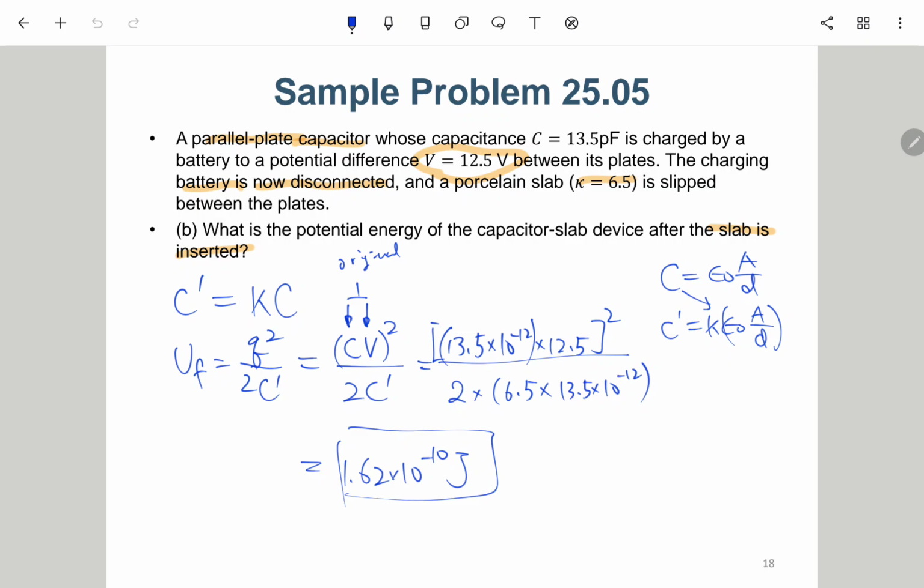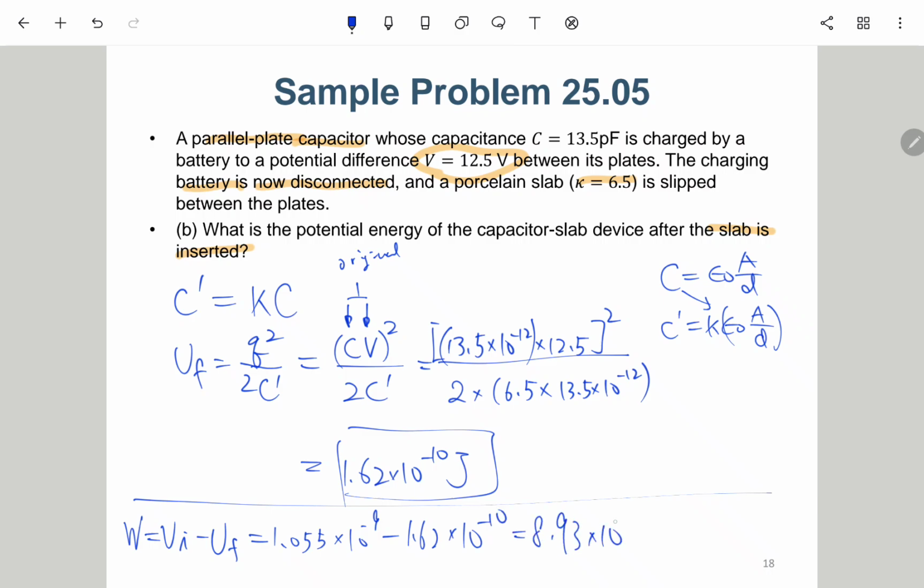So here, actually, the potential difference changed, and we can calculate, although it is not asked by this question, W, the work done, will be UI minus UF, which is 1.055 times 10 to negative 9 minus 1.62 times 10 to negative 10, okay, equals 8.93 times 10 to negative 10 joule. Okay, so this is the potential difference.